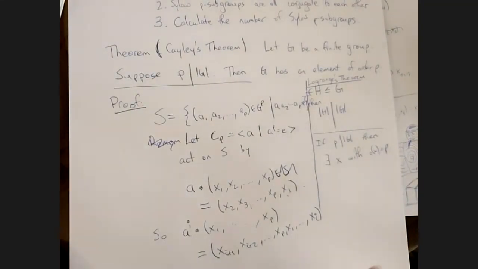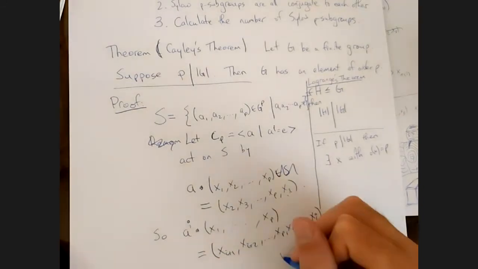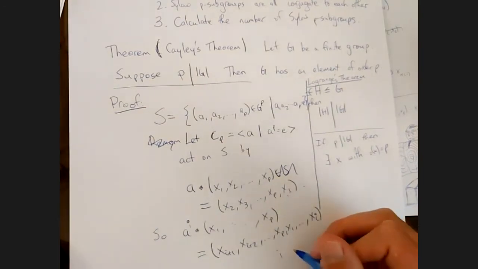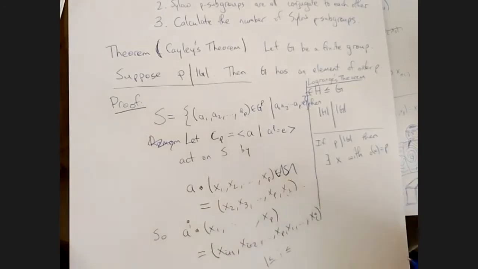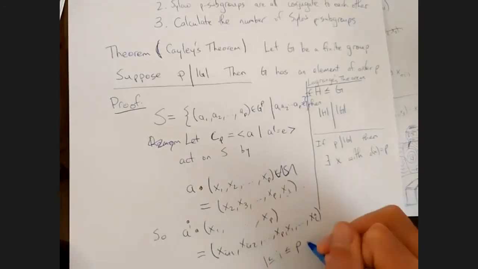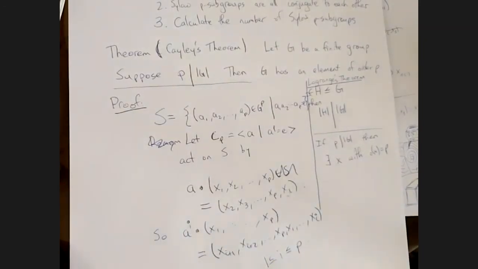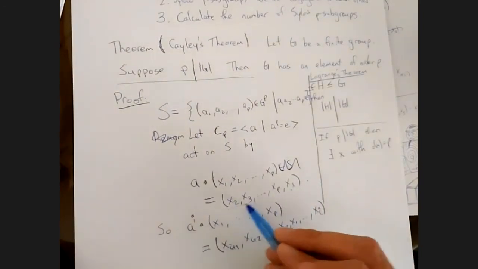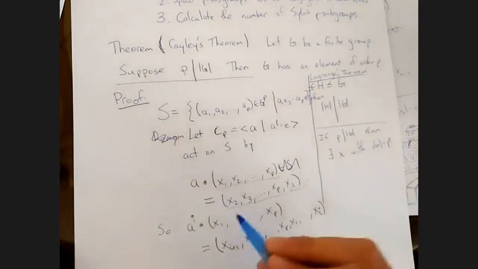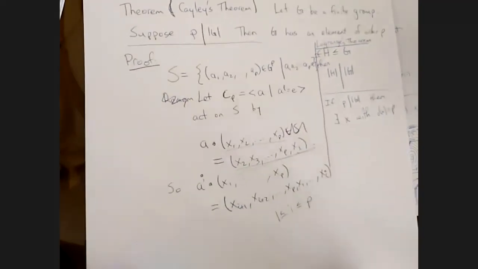You shifted everything over to the left i times, as long as i is between 1 and p. And notice, as long as this is in S, this is also in S.